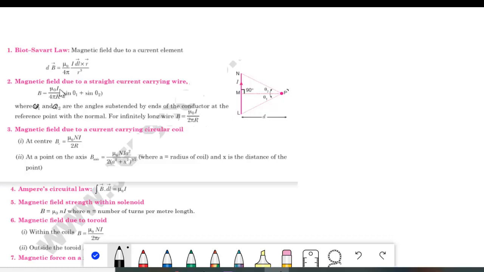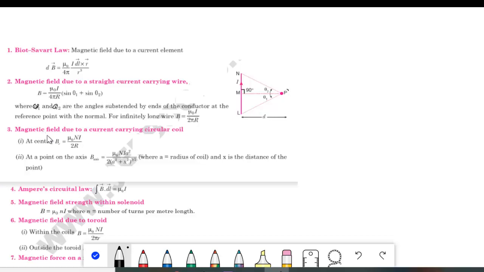Since sine 90 is 1, for an infinitely long wire it becomes mu 0 I by 2 pi r, and for a finite straight wire carrying current, it is mu 0 I by 4 pi r into sine theta 1 plus sine theta 2.